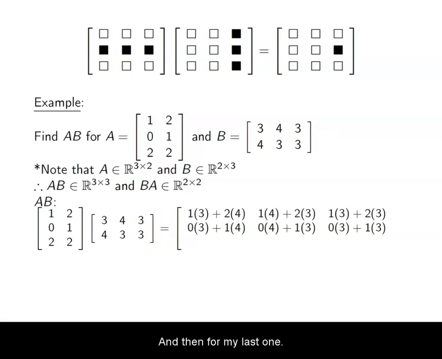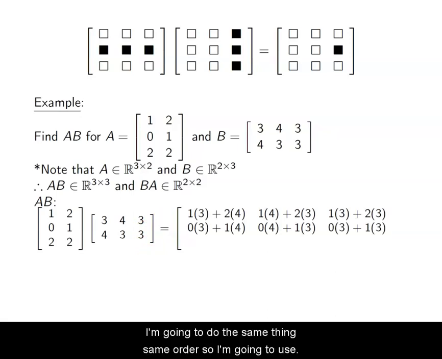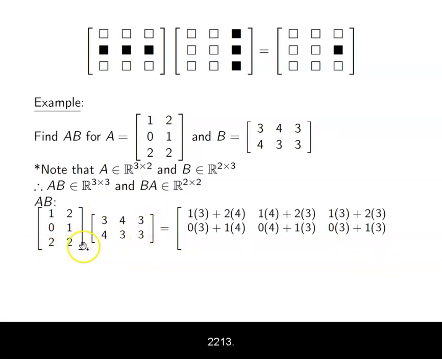And then for my last row, I'm going to do the same thing, same order. So everything in the third row, this row times this column, then this row times this column, then this row times this column. So 2, 2, and 3, 4; 2, 2, and 4, 3; 2, 2, and 3, 3.